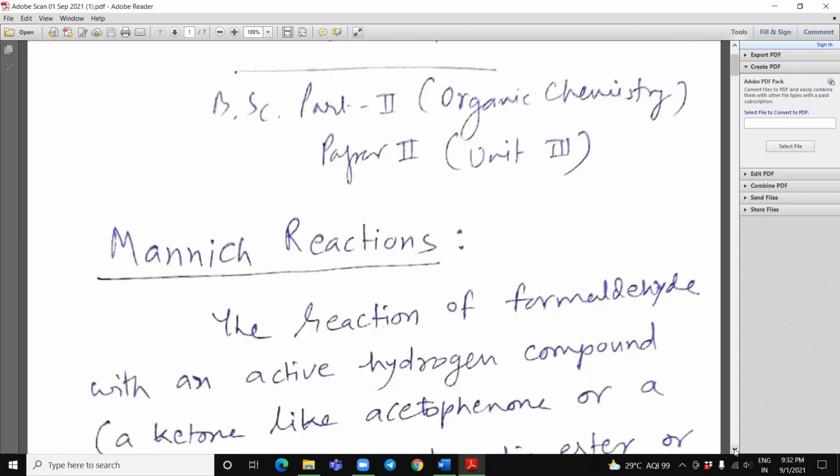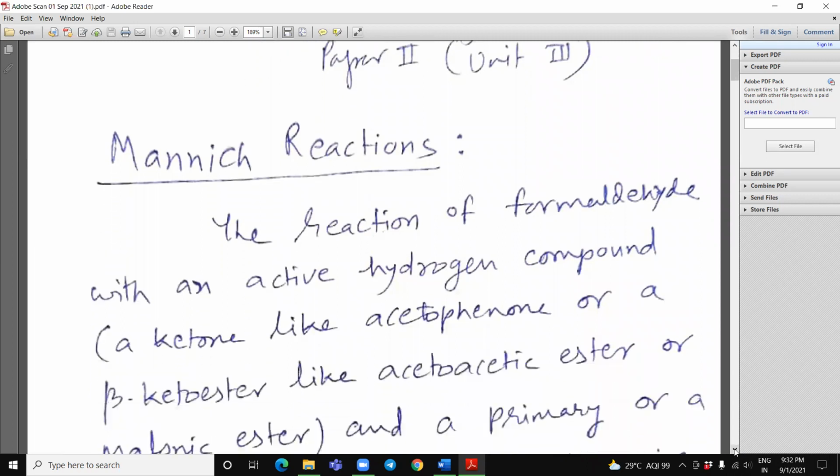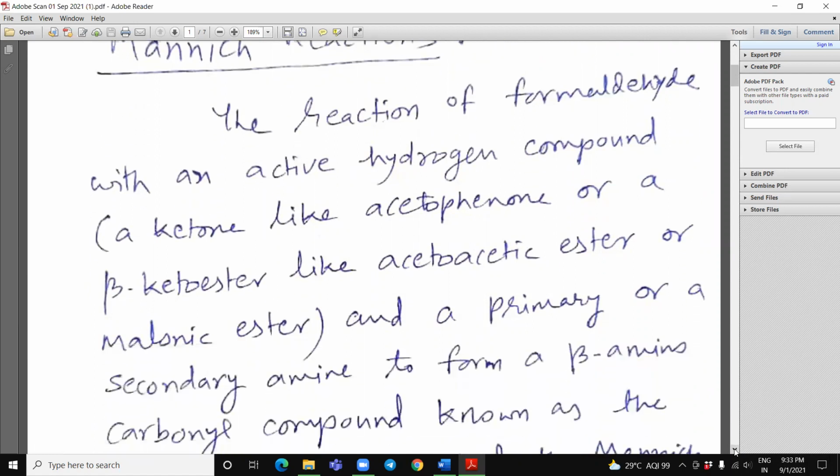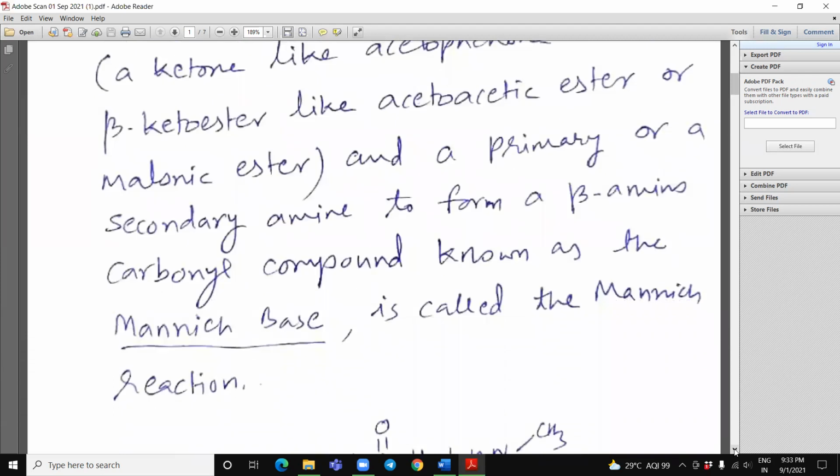The reaction of formaldehyde with an active hydrogen compound, a ketone like acetophenone or a beta ketoester like acetoacetic ester or malonic ester, and a primary or a secondary amine forms a beta amino carbonyl compound.